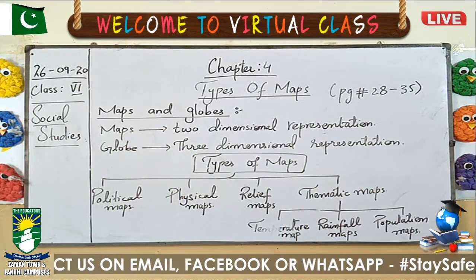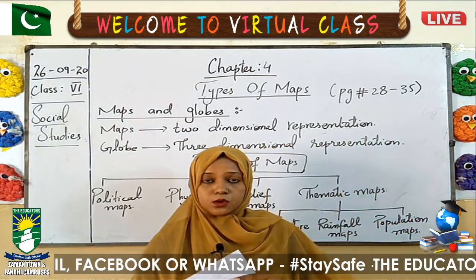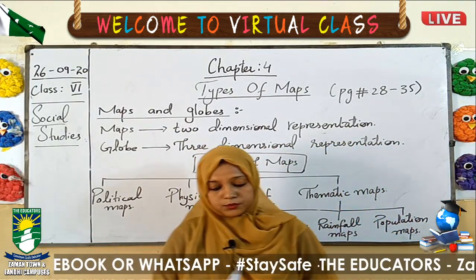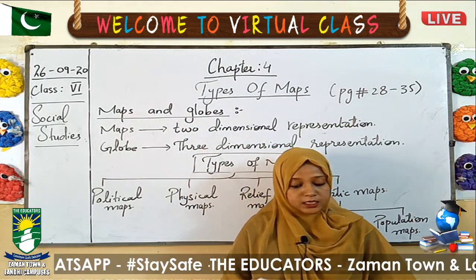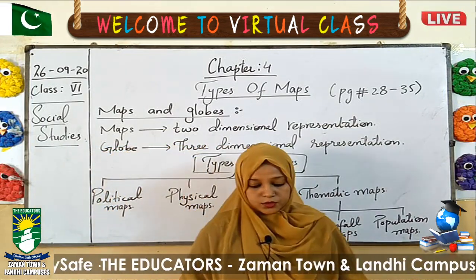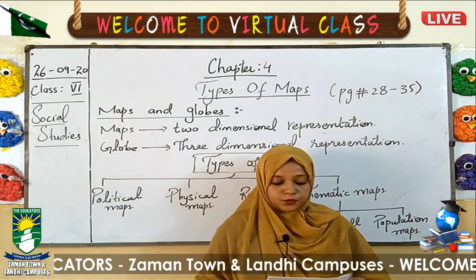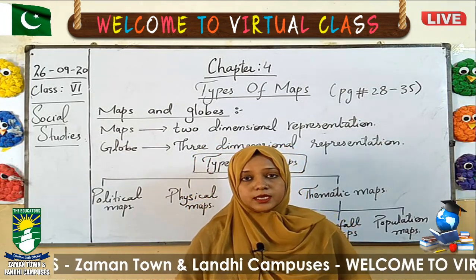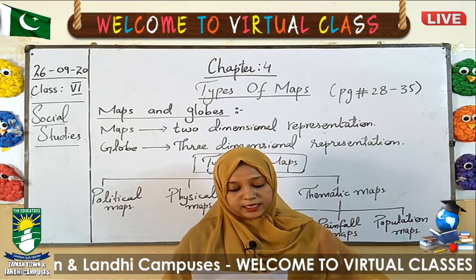Okay, the work which you will do has already been uploaded in your homework folder. You just need to understand the question so that you can answer it well. I hope you understood the lecture as well. Just concentrate on the word meanings. First of all, elevation. Elevation is the height of the land above or below sea level.